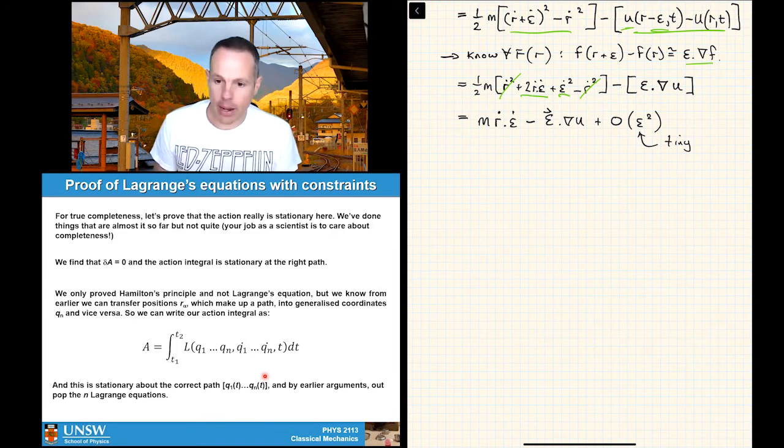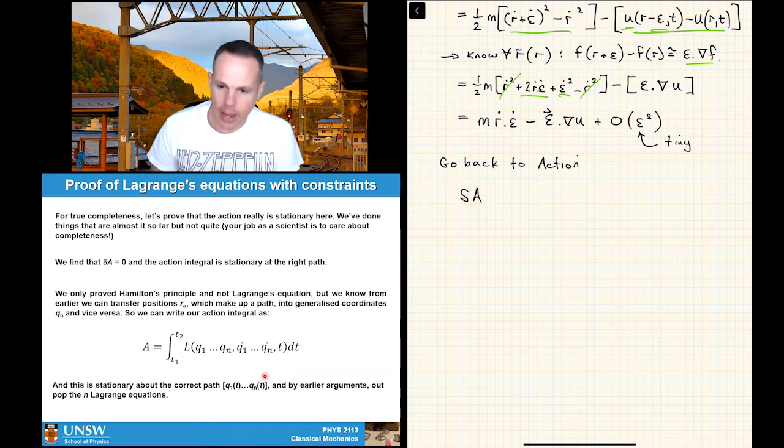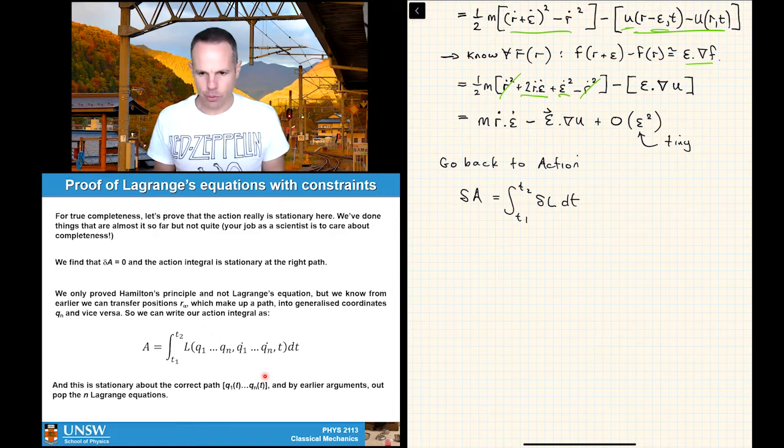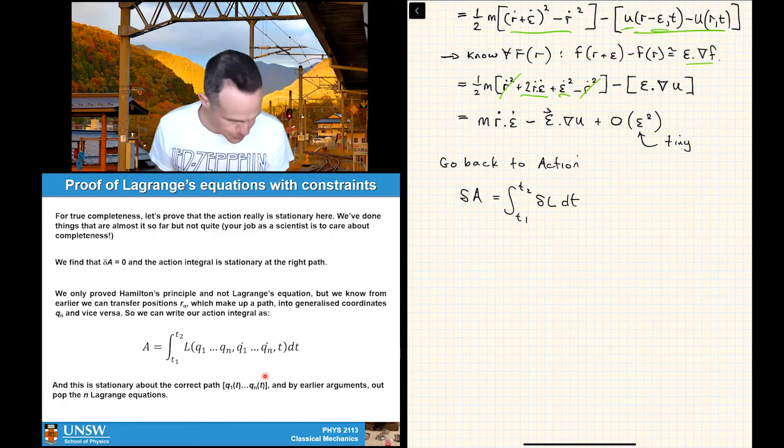We can now jump back up to the action. What we can write here is that our delta A, the thing we're interested in, is just the integral from t1 to t2 of delta L dt. You'll need to prove that one for yourself; it's pretty easy, you're basically just taking the difference between two integrals.